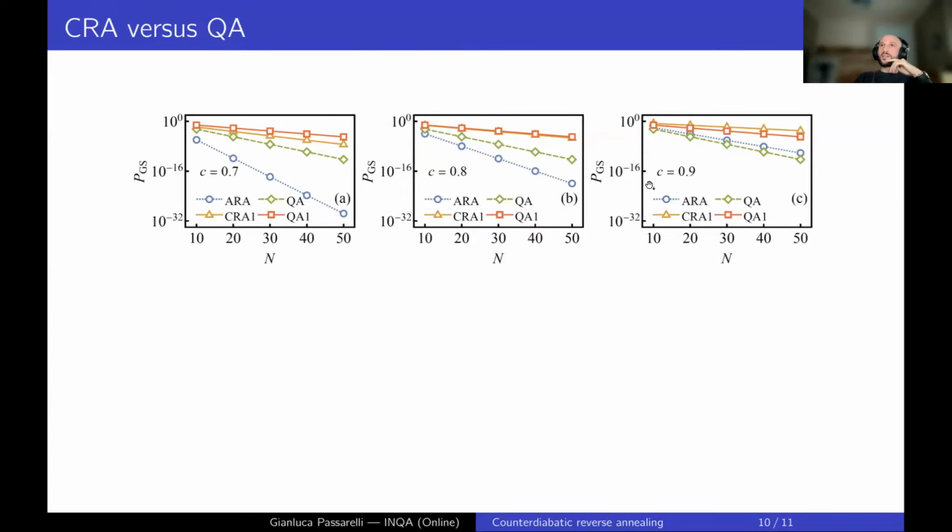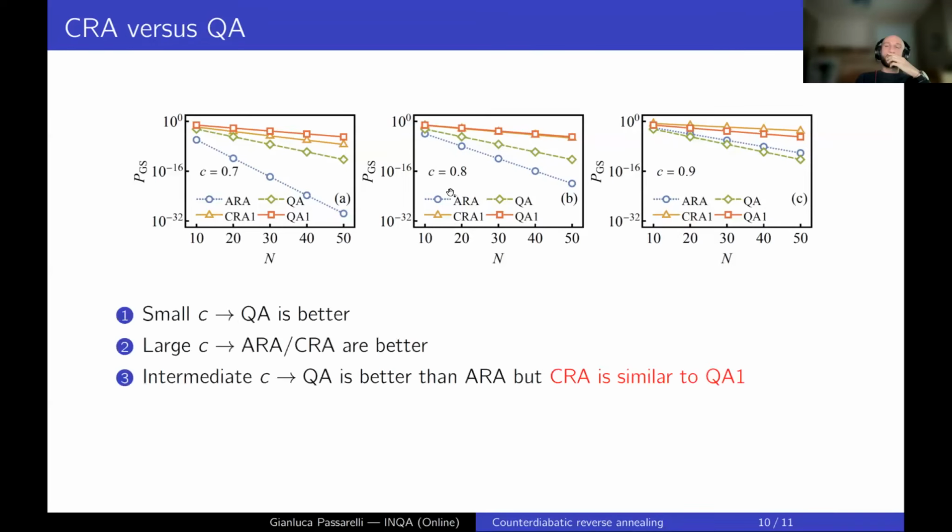Vice versa, when C is very close to 1, both ARA and CRA outperform quantum annealing, as you can see from this plot, which is, of course, something expected. But in the middle, there is something very interesting, and that is the fact that even though ARA performs worse than quantum annealing, the assisted protocols have similar performances.